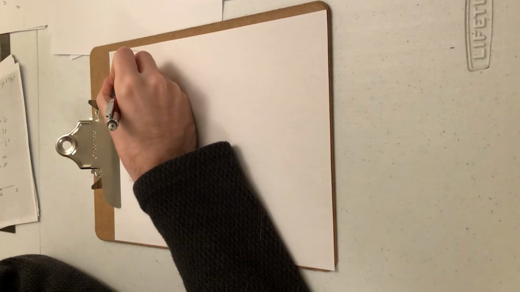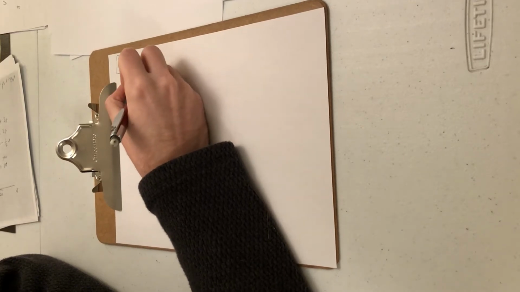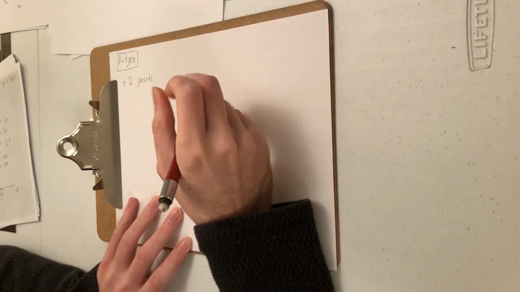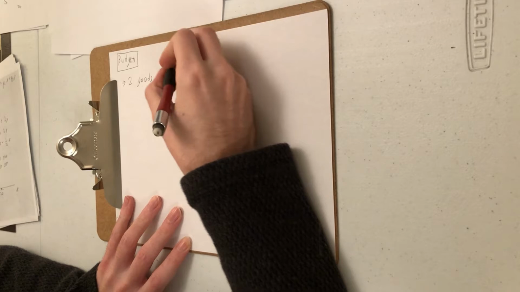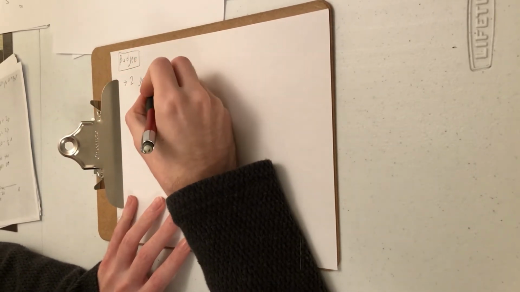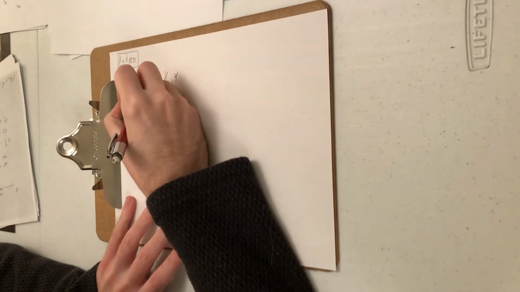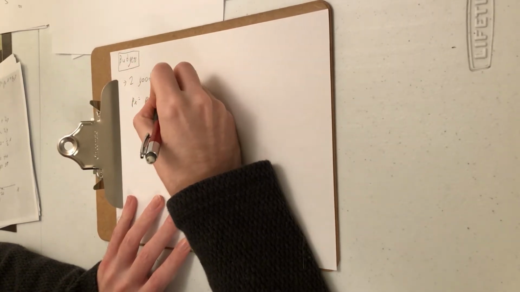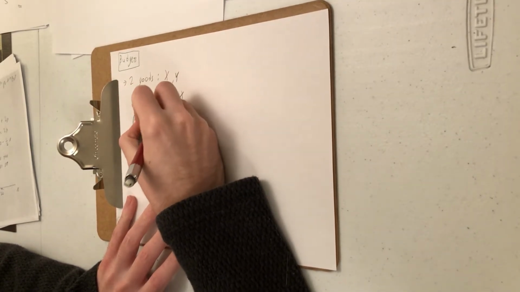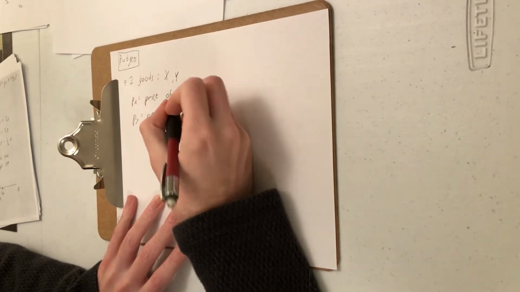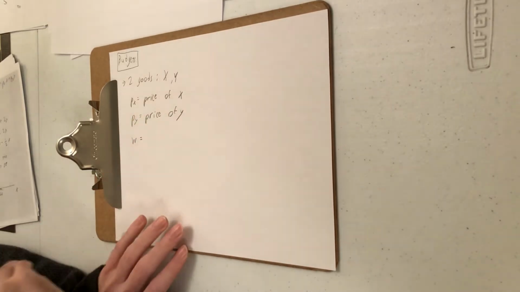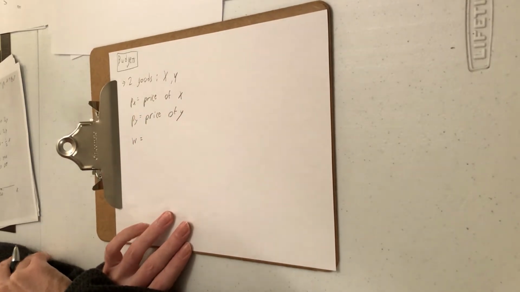So we'll have two goods, X and Y, and we'll use PX to be the price of X, and PY is going to be price of Y. W is going to be your wealth, so that's how much money you have to spend on X and Y.